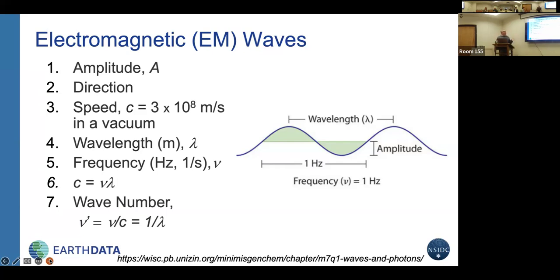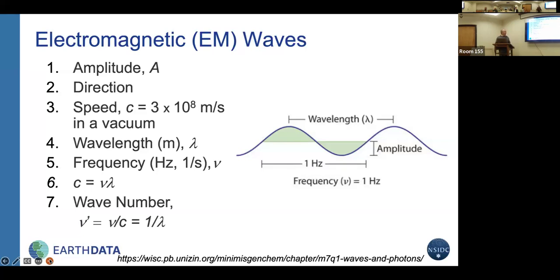The wavelength is the length between the peaks or the troughs, basically one cycle, and frequency is the number of cycles per second, how fast the wave is moving, given in hertz or 1/s. The speed of light is the frequency times the wavelength.